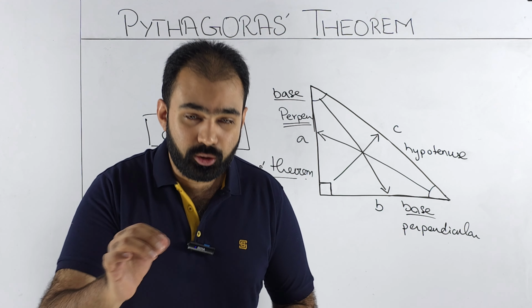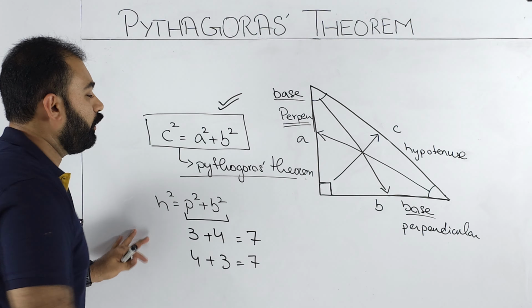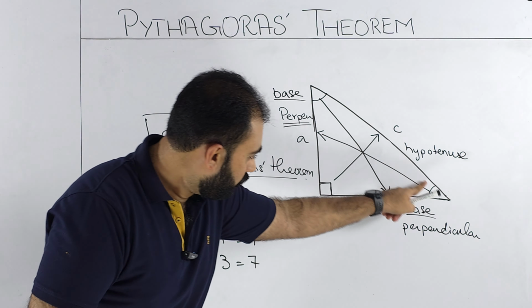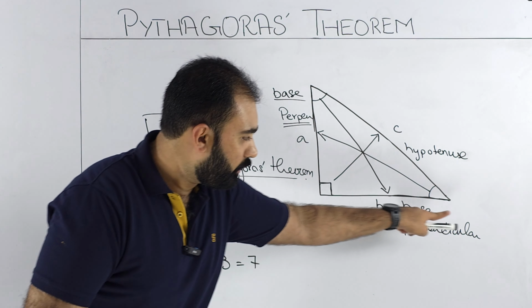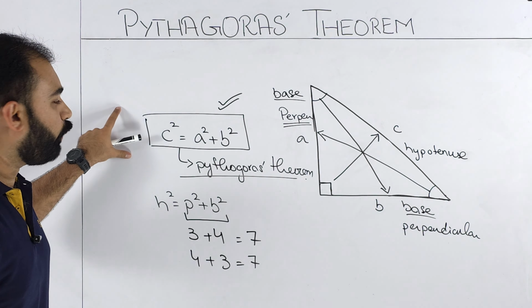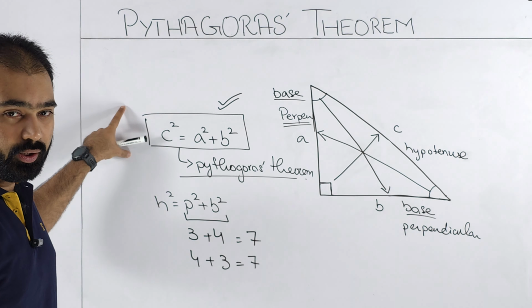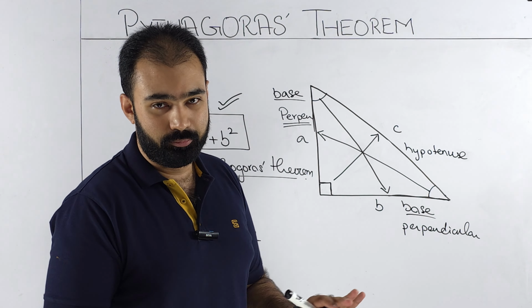But you should remember that the actual Pythagoras theorem is c squared, this length squared, equals this length squared plus this length squared. This is the formula that we should be using in every question that we practice. Now, if you are using the other formula, it is okay.